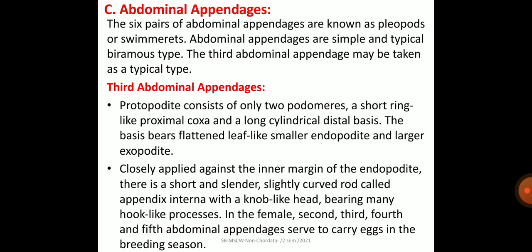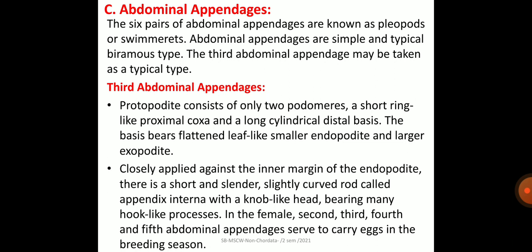Abdominal appendages are 6 pairs, known as pleopods, and each pair is present in each of the abdominal segments, and each pair is simple biramous type and serves as fins, F-I-N-S, fins. Hence, they are called swimmerets or pleopods. They help in forward swimming and also serve to carry eggs in the female.